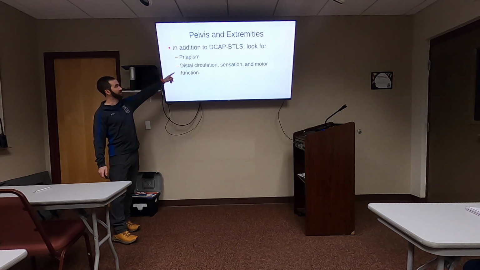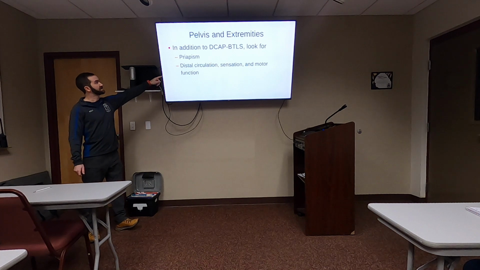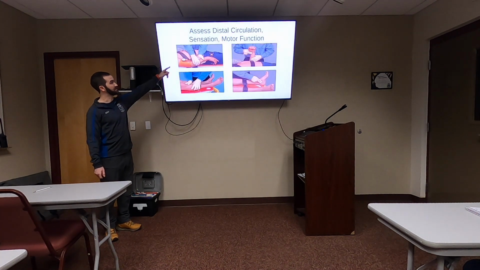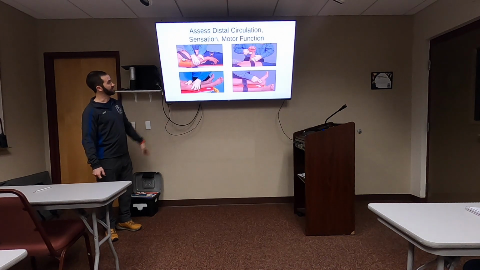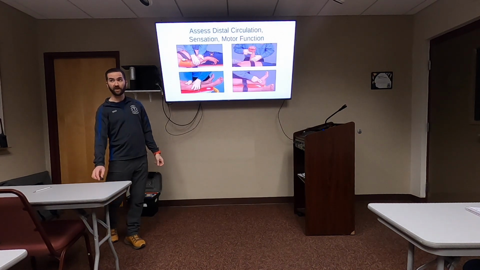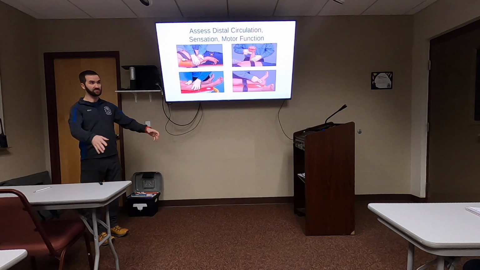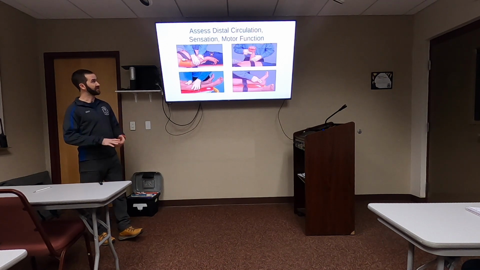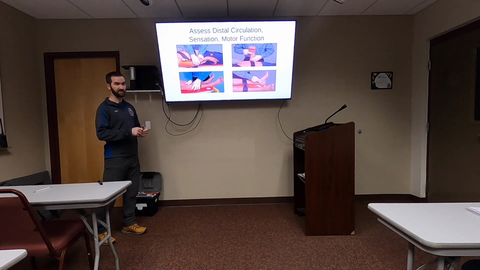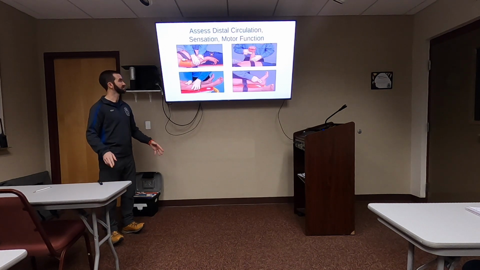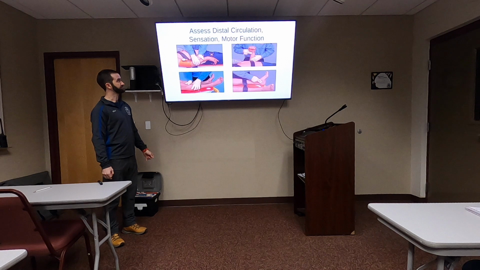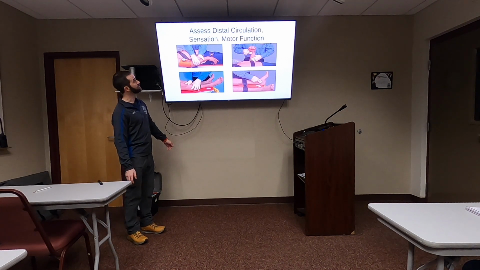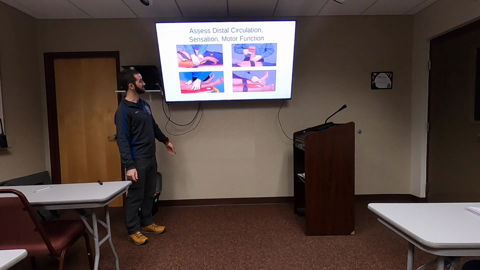And then look for distal circulation, sensation, and motor function in all our 4 limbs. In each arm, if they're awake, you're going to have them squeeze your fingers or something. Ask them if they can feel you touching their fingers or toes. And then check circulation.